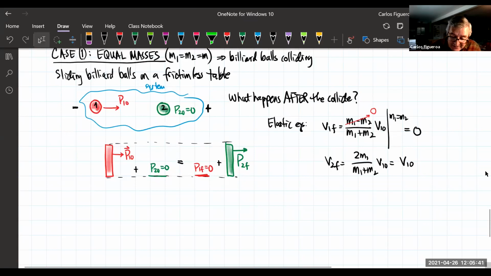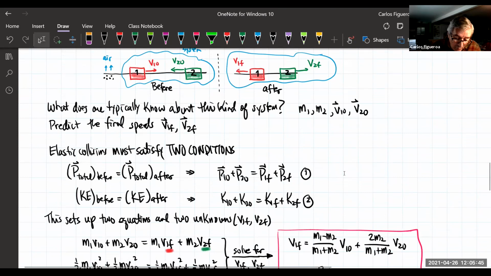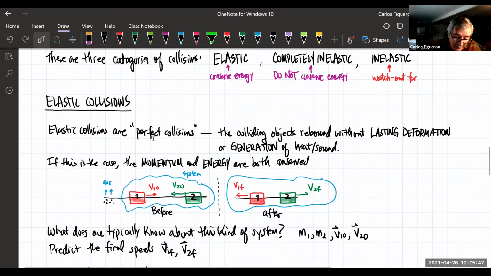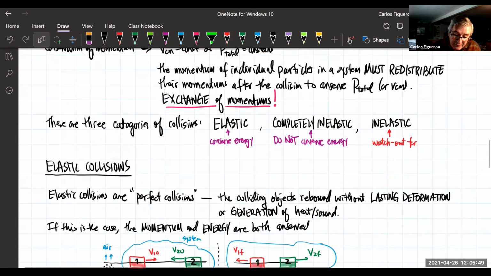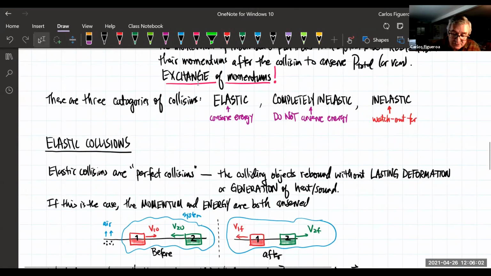Now, look at that statement that I was making. I said it up here: the momentum of individual particles must redistribute in order to conserve it. And in two particle collisions, guess what there is? There's an exchange of momentums.